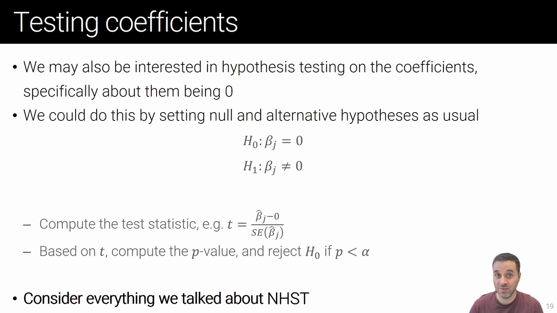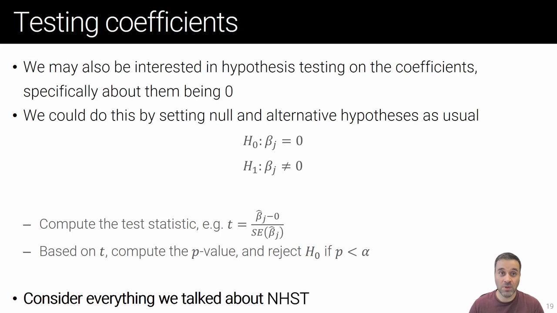If a coefficient is 0, then it means this predictor is not involved in the data generating process. So that means the response is independent from this predictor, or it doesn't help in predicting that response. And that's precisely what we want to check. Is this factor, this predictor, relevant for the response?